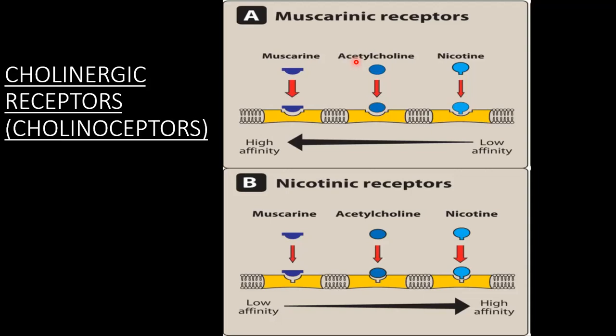Then M5 is in the vascular endothelium of the cerebral blood vessels. Then nicotinic receptors are of two types: nicotinic neuronal and nicotinic muscular. Both of them are ionotropic. They are ion channels. Binding of acetylcholine causes opening of the sodium potassium channels, leading to depolarization.